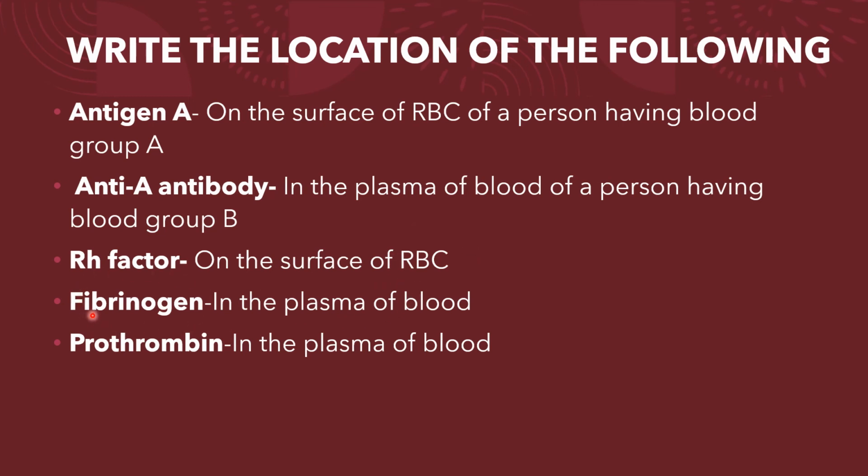Fibrinogen, where is it present? Fibrinogen is present in the plasma of blood. Prothrombin is also present in the plasma of blood.